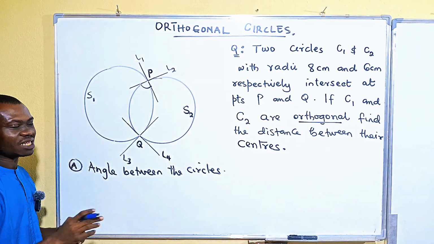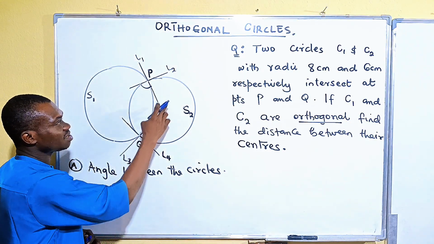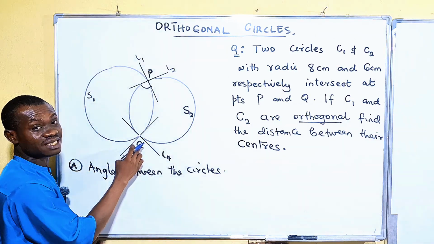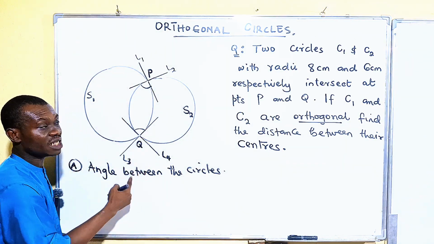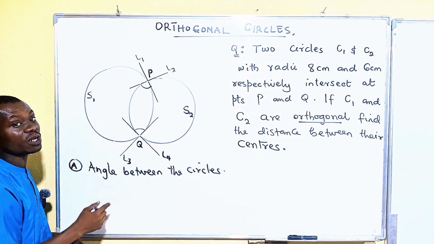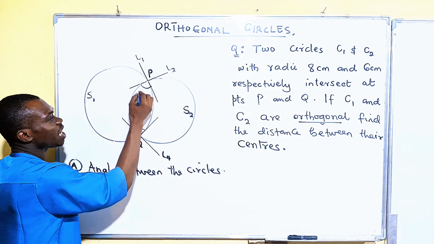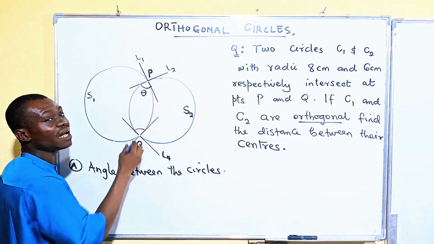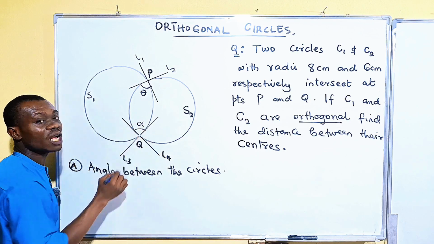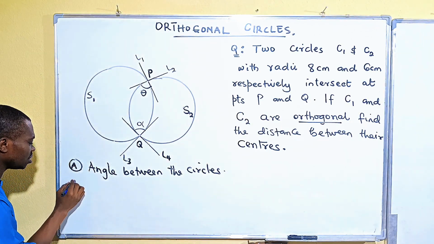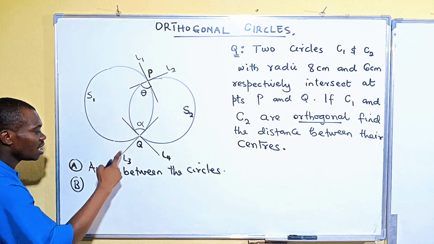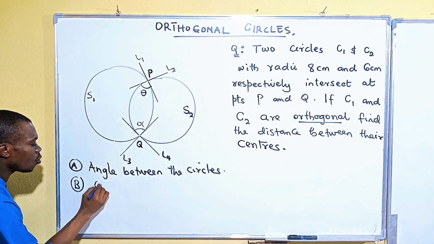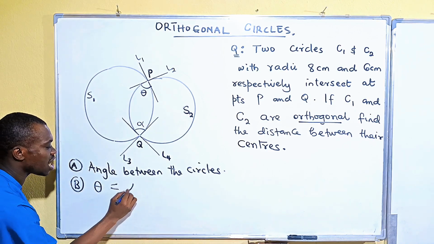Now, the other thing you need to note is that since these two circles are intersecting at two points, we can actually have angles formed at two different points. Assume that this is theta and this is alpha. The second thing you need to note is that the angle theta is geometrically always equal to angle alpha.